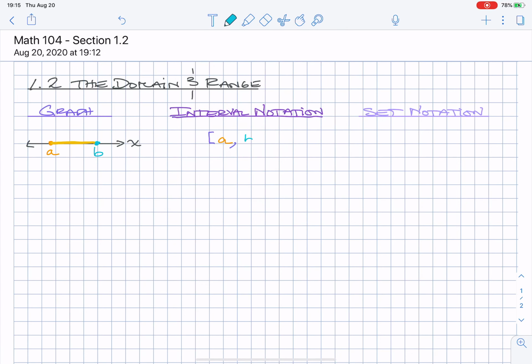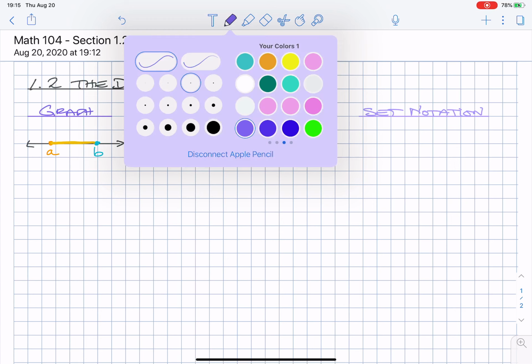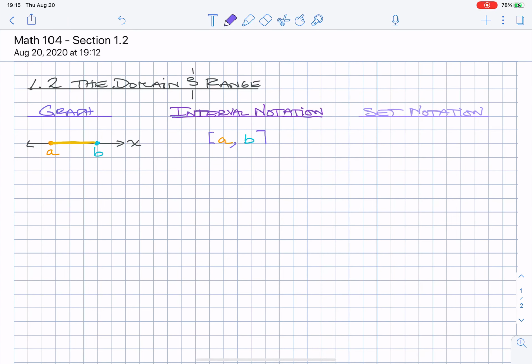So for interval notation, we use brackets to indicate the equal sign, the solid dots.